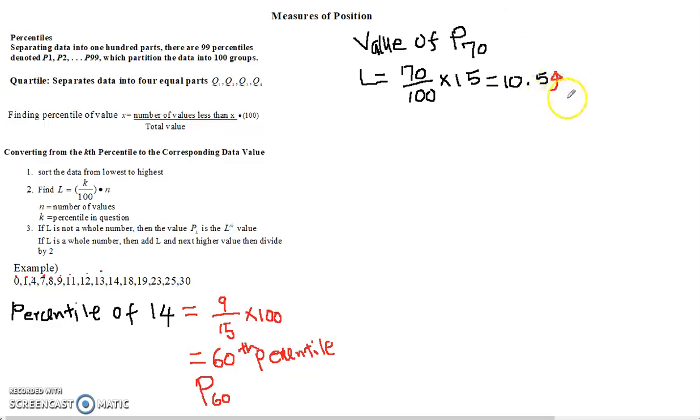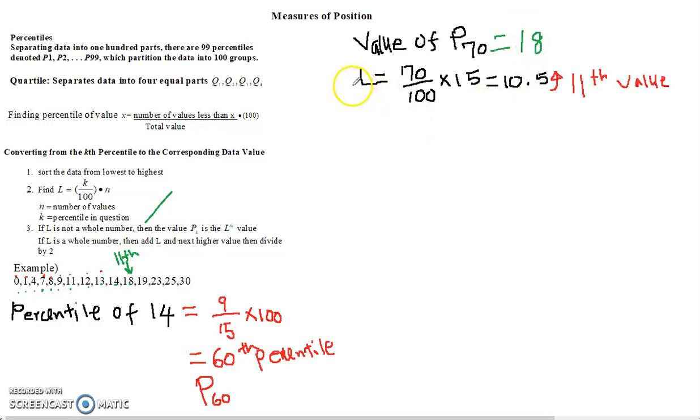You're always going to round up. So now we're going to count what the 11th value is: 1, 2, 3, 4, 5, 6, 7, 8, 9, 10, 11. So the answer is going to be value 18.